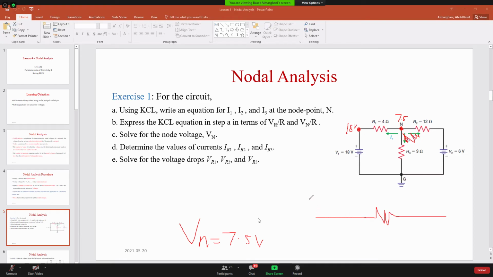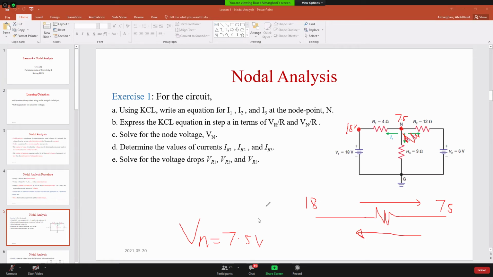The voltage here is 18. The voltage here is 7.5. Do you think the current will go this way or this way? You have two options, so just pick one and tell me. To the left. Right.